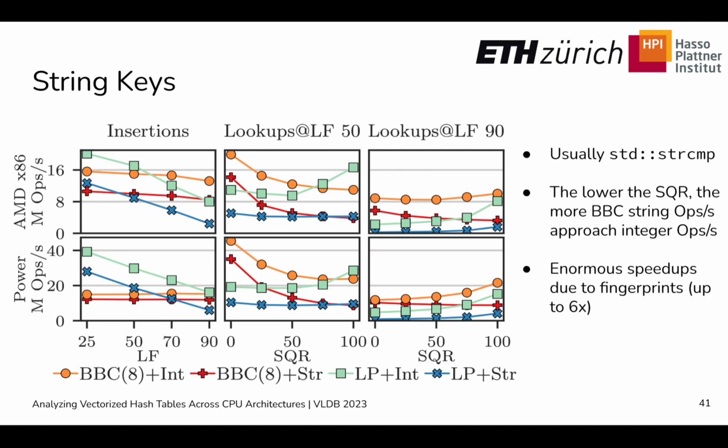So again, string keys: usually, if you would just templatize your hash table on strings, right, you would use the standard string comparison operator, and this is slow. So this is why vectorized hash tables using fingerprints perform so well here, and give us enormous speedups of up to 6x. And yeah, that is the string key benchmark.